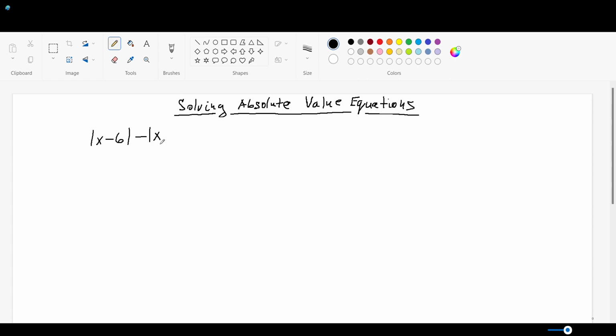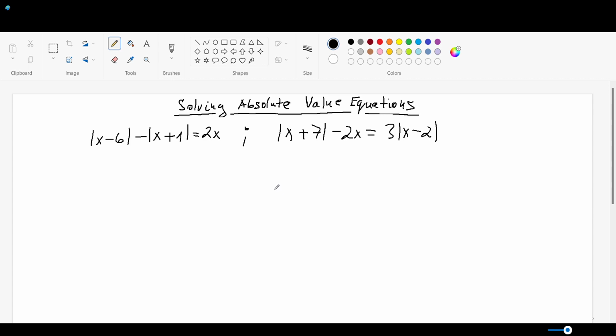The equation absolute value of x take away 6 minus absolute value of x plus 1 is equal to 2x. This can be the first one. You can try absolute value of x plus 7 minus 2x is equal to 3 times absolute value of x minus 2.